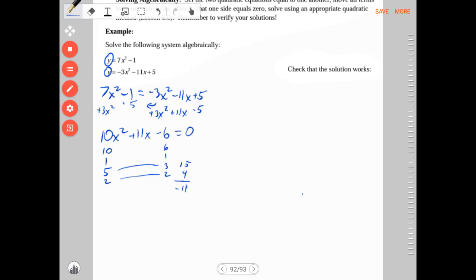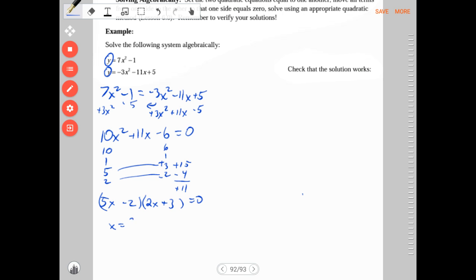Those indeed subtract to 11, and we want a positive 11. So I need a plus 15 and a minus 4. Signs back up. So I get a 5x and a 2x. The 5 goes with the plus 3 and the 2 goes with the minus 2. So those are our factors.